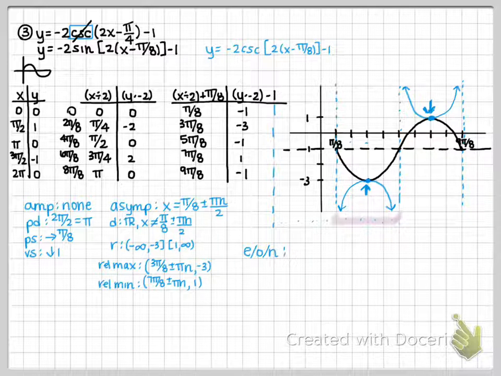And then the next point would be up here to duplicate what I've got, and it would look like that. Notice that it hits the y-axis kind of in a funny spot, which means it's not going to be symmetric to the y-axis or to the origin. So this thing is definitely neither.